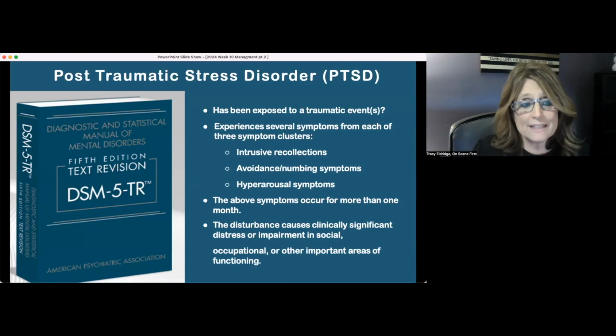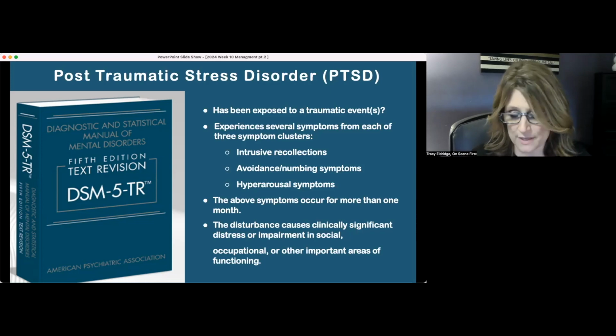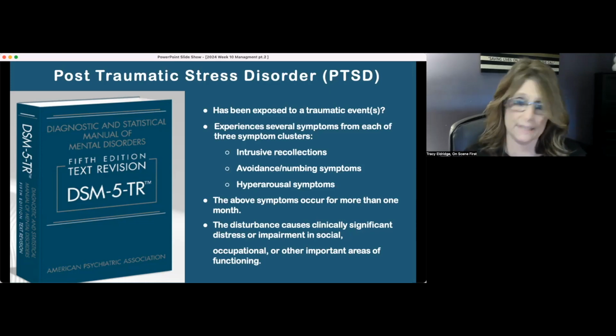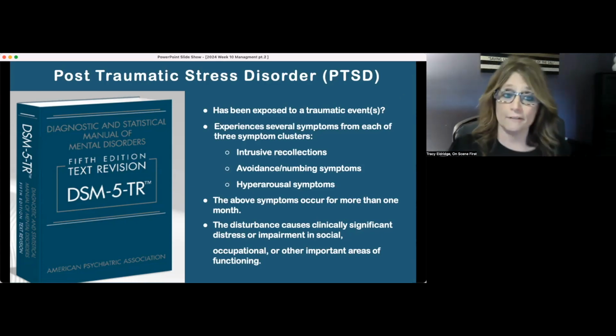We are currently in the DSM-5. I'm sure they're moving towards creating the DSM-6 because we're dealing with a lot more these days and have a lot more understanding of different mental disorders and behavioral disorders. But the components of PTSD are listed there in front of you.